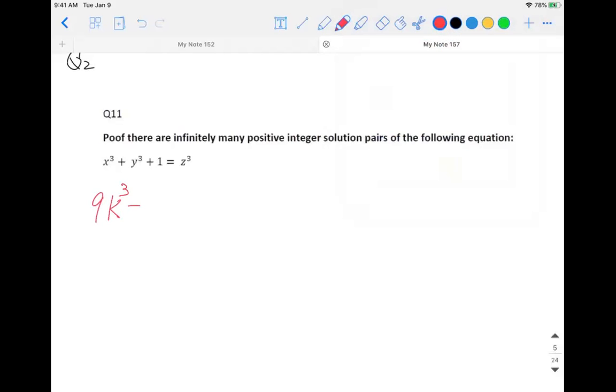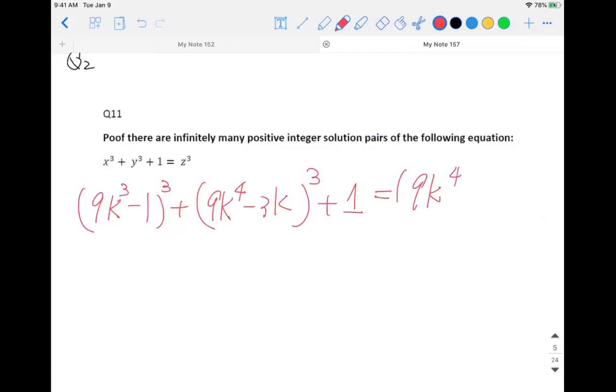9k cubed minus 1 cube. 9k to the power of 4 minus 3k cube. 1 equals to 9k to the power of 4, 3. The challenging part is you have a 1 here, right? You won't be able to take it out by using 1.